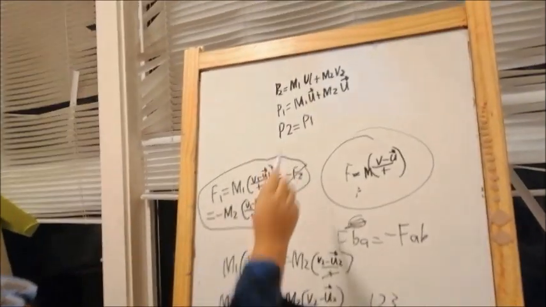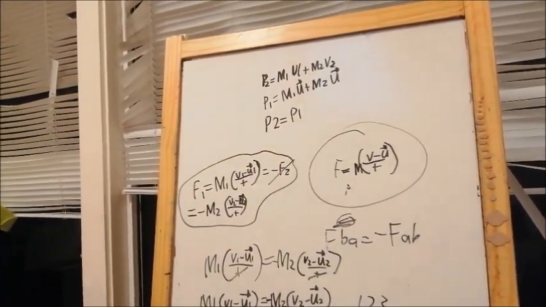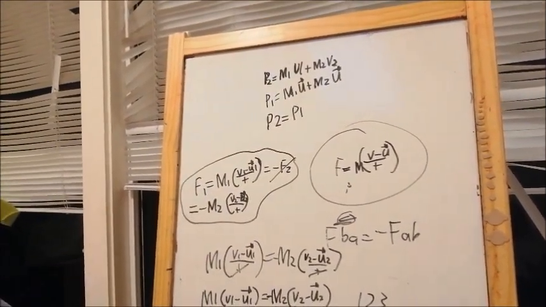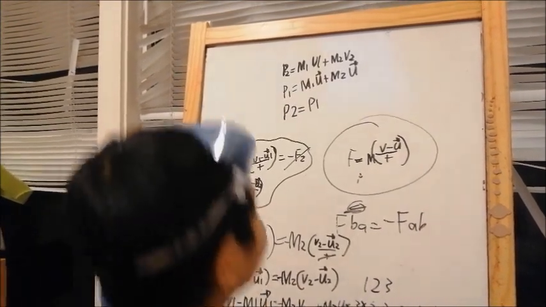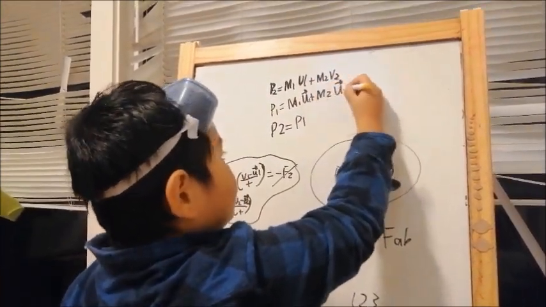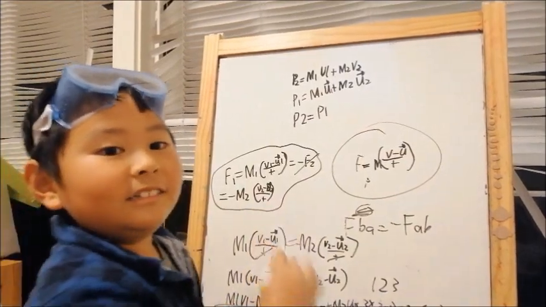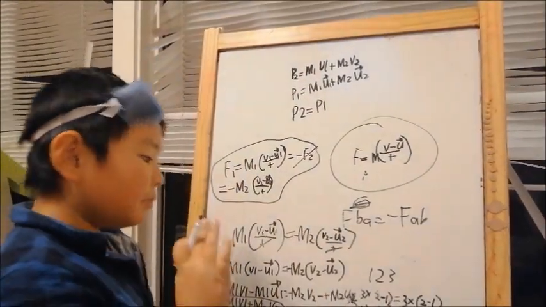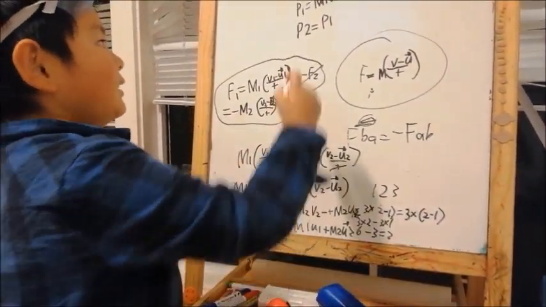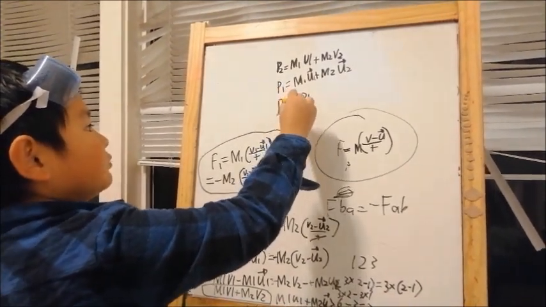Here comes the M1 U1 and stuff, plus the M2 U2. I think I forgot to do this, but add it in. And now it's safe to say that P2 equals P1.